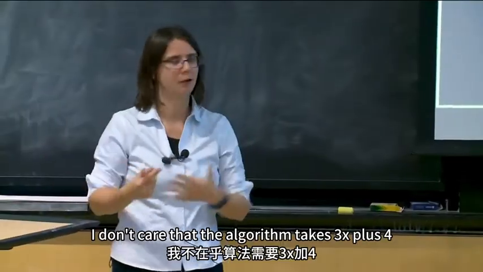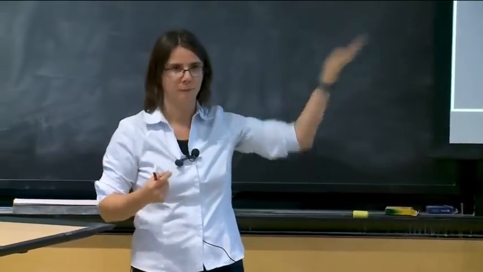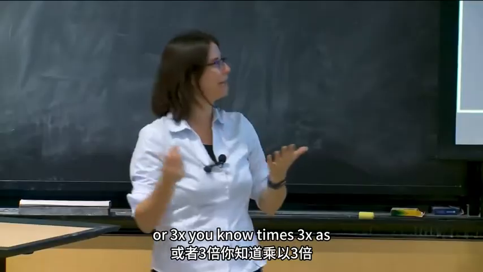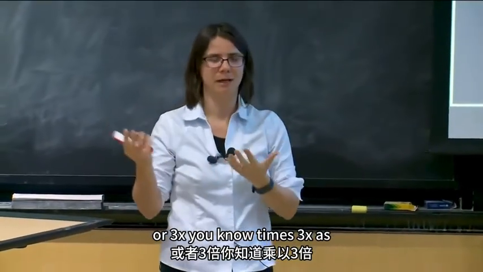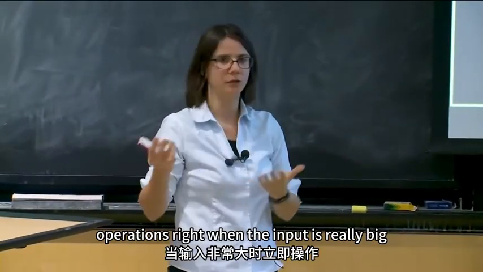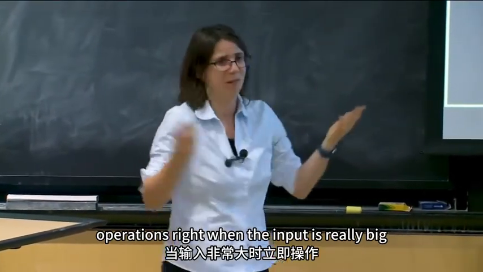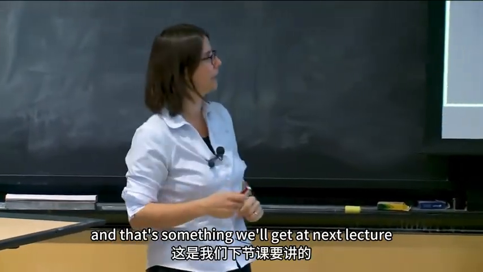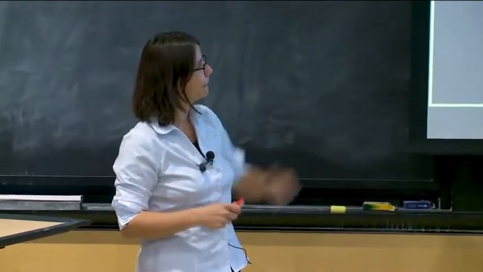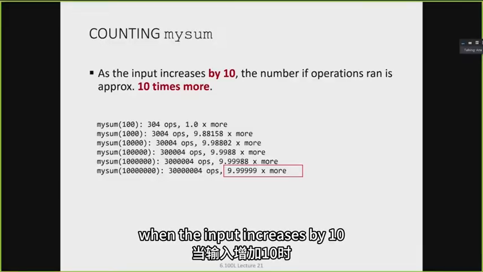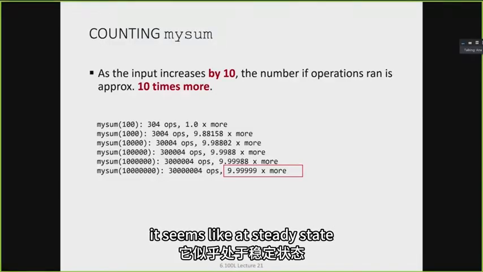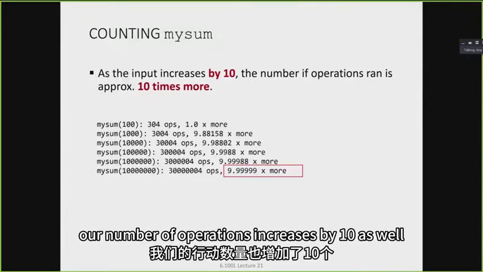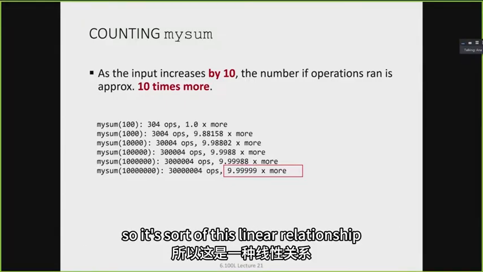I don't care that the algorithm takes 3x plus 4 operations, right? When the input is really big, all I care is that it's sort of on the order of x, right? And that's something we'll get at next lecture. But this is the big idea here. When the input increases by 10, it seems like at steady state, our number of operations increases by 10 as well. So it's sort of this linear relationship.